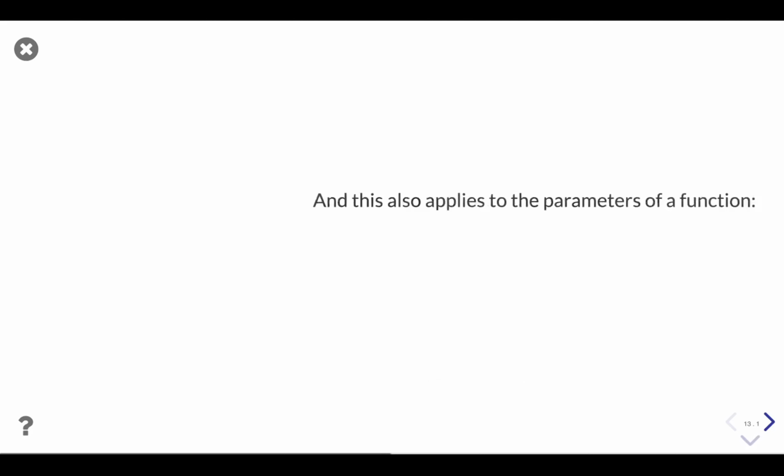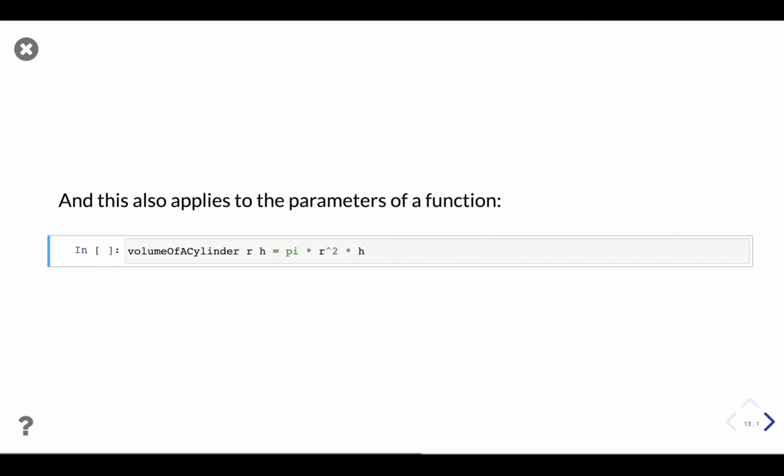And this also applies to the parameters of a function. In this case, the volume of a cylinder function has two parameters, r and h, the radius and the height. Once we pass the value of the parameters, we cannot change them inside the function's body. We can use the function again and pass different parameters.